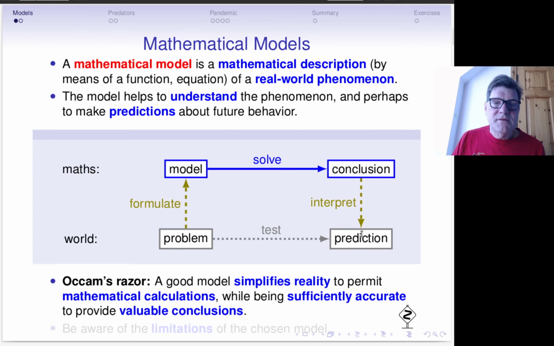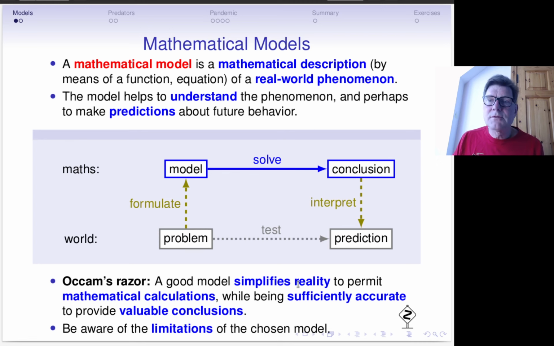But in that sense, mathematical models are approximations to the reality and they have their limitations, and it's important, whatever model you use, to be aware of the limitations of the chosen model.